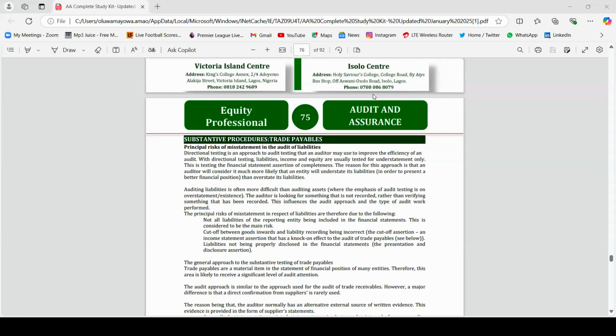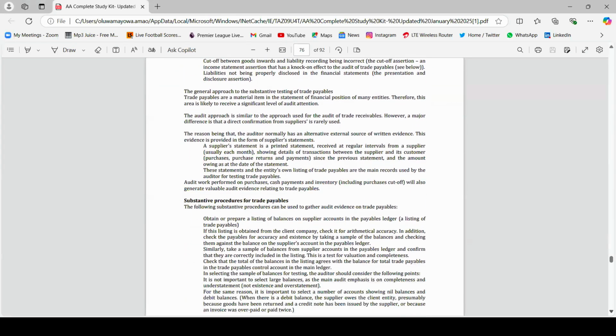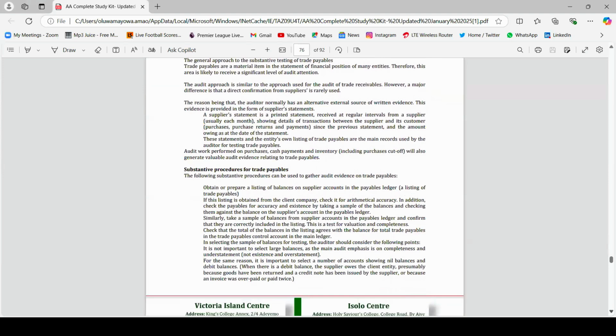So the first substantive procedure the auditor will carry out is to obtain a list of balances on suppliers' accounts in the payable ledger. You ask the client, if you're auditing a certain client, please provide us with the details of the listing of all your suppliers' accounts.